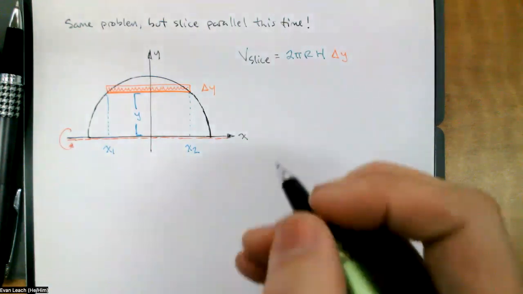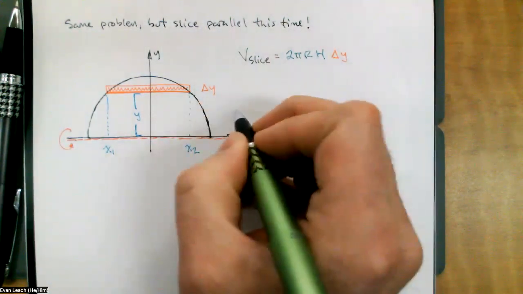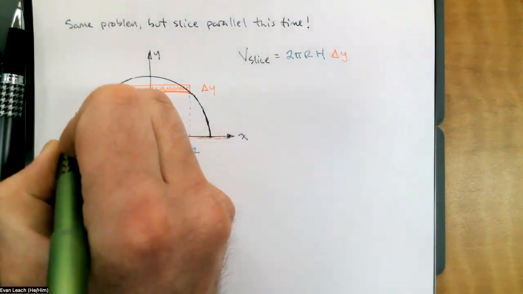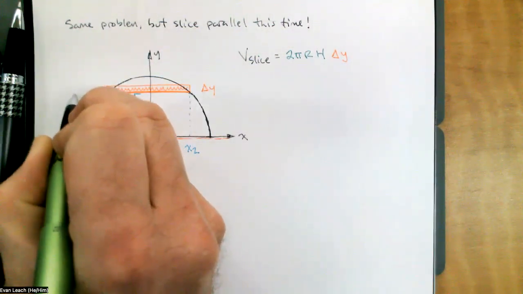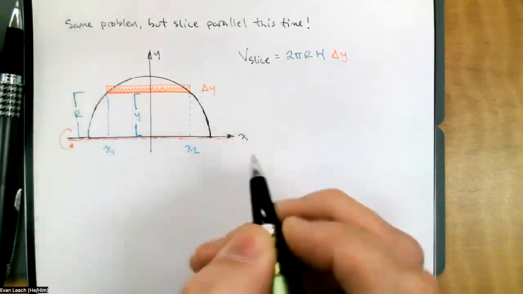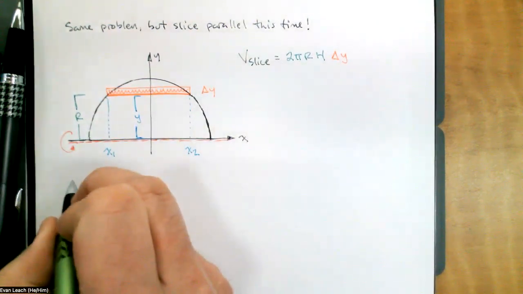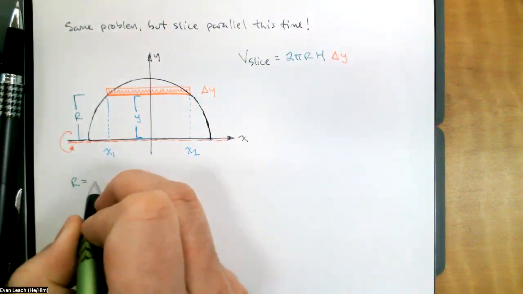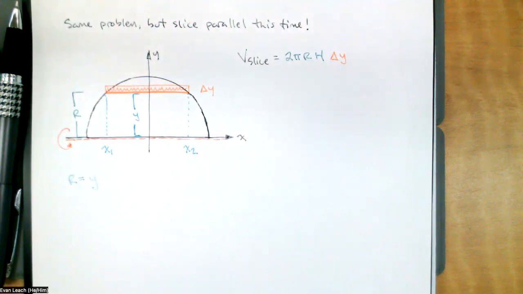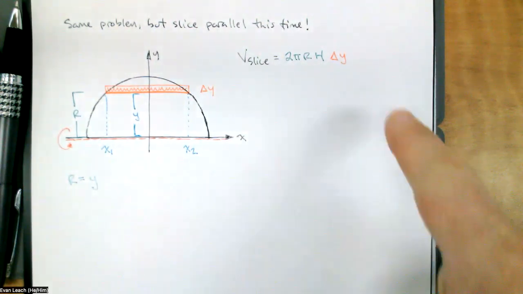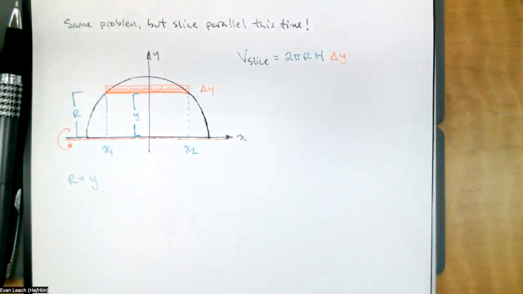So that means that our radius has to go here, from the axis of rotation up to the slice. That means our radius, r, is equal to y. We're trying to write this problem in terms of y, so that works. R is taken care of.